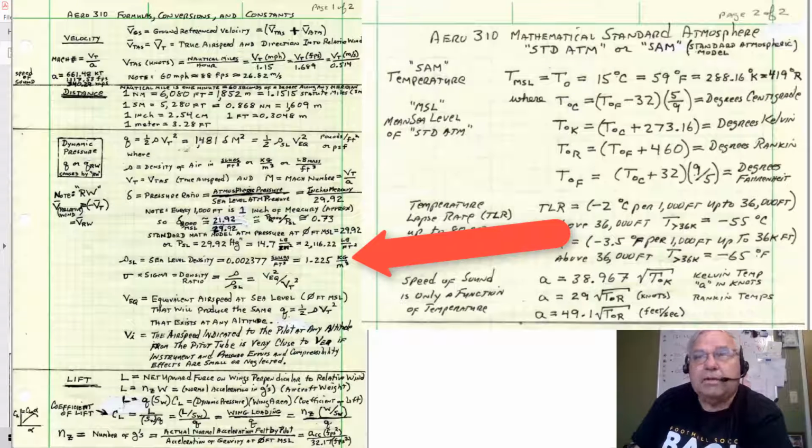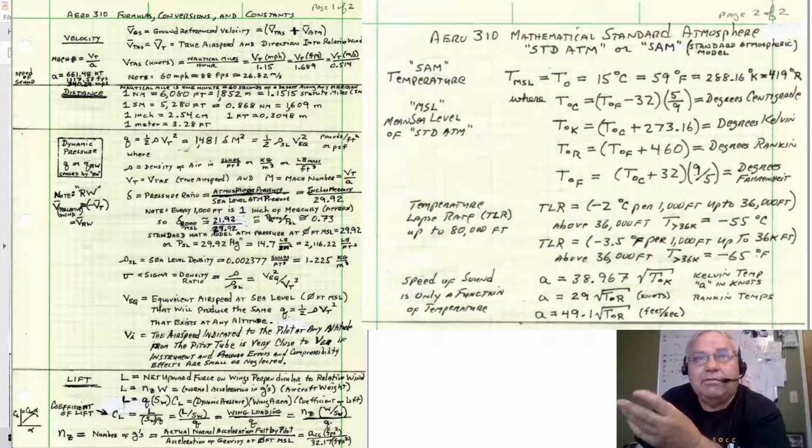What's a slug anyway? Well, that turns out to be 32.17 pound masses. So 2 bowling balls is a slug, basically. So these are some of the things that are maybe hard to find. You can find it very quickly here in this set of files.